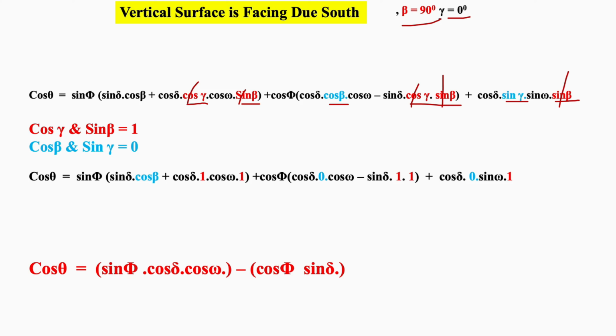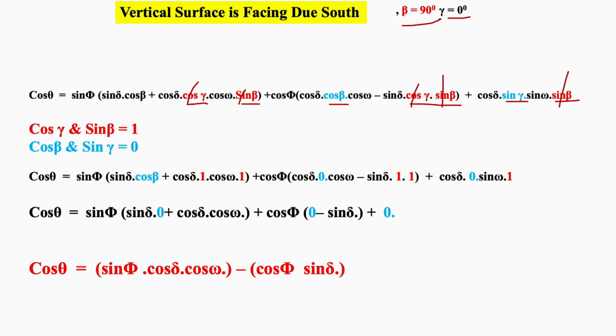In that case, all the terms of cos beta and sin gamma are replaced with 0, and cos gamma and sin beta are replaced with 1. Further, the equation is reduced by substituting the values of the respective angles: sin delta into 0, and cos phi into 0, and this term is already 0. By substituting these values and multiplying the terms, the final equation comes out to be cos theta is sin phi cos delta cos gamma minus cos phi sin delta.